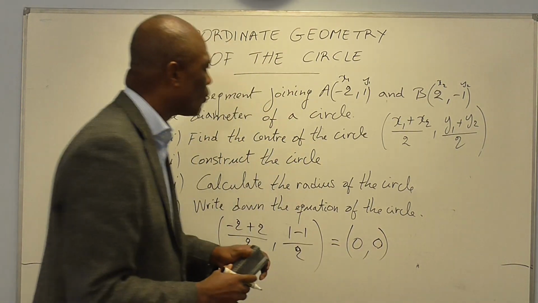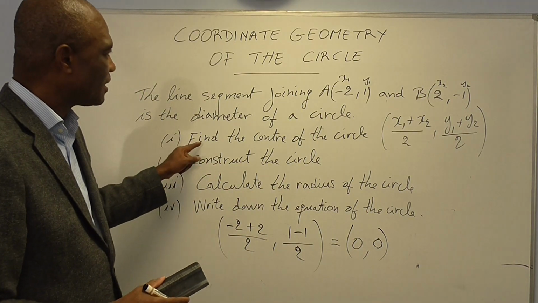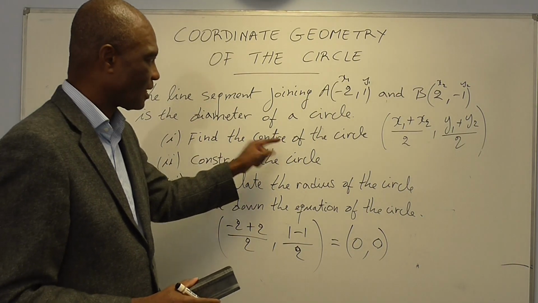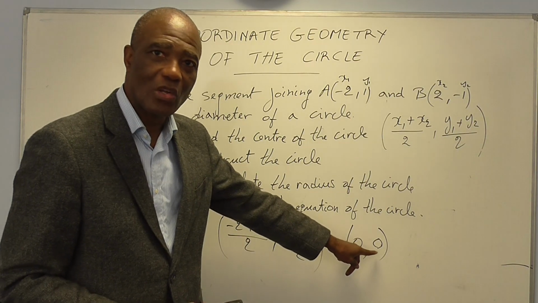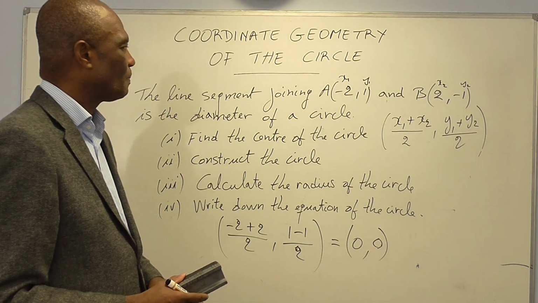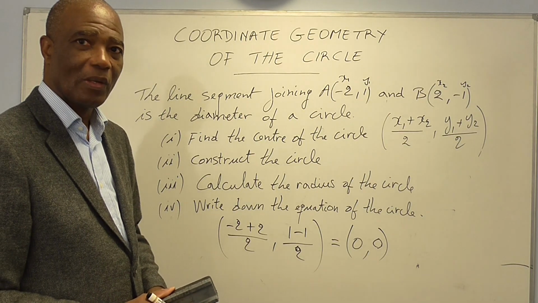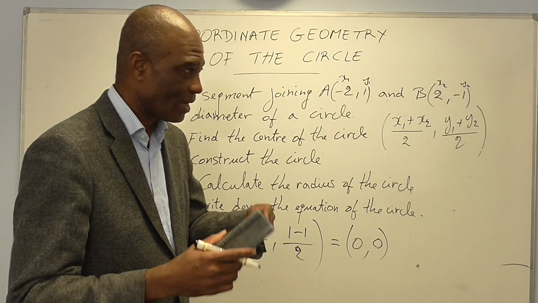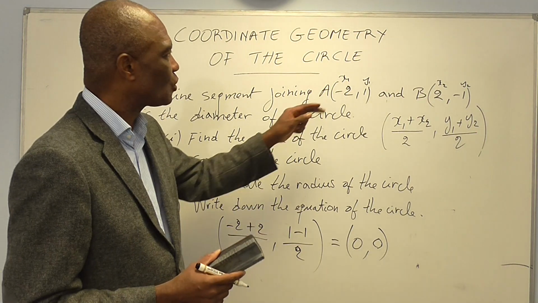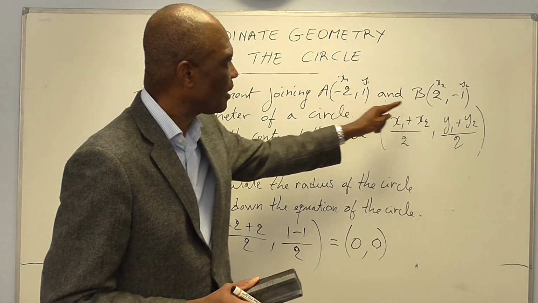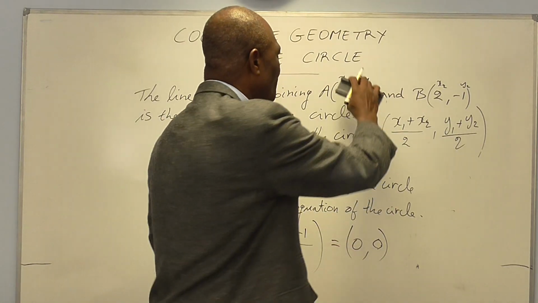So we got the coordinate of the center. The center has the coordinate 0, 0. Okay? So the center, I repeat, the center is the midpoint between this point and that point there.